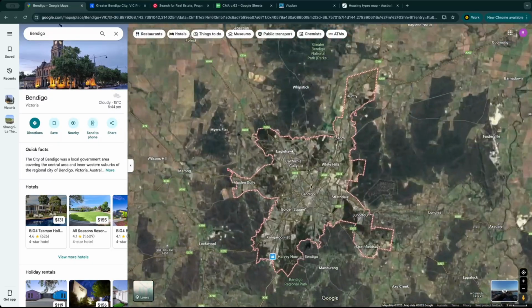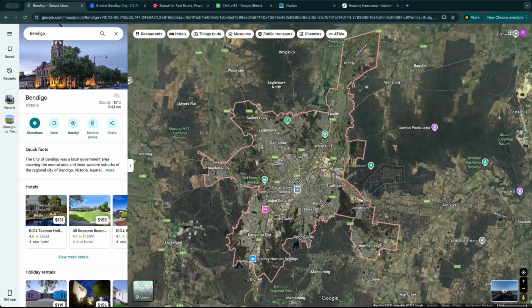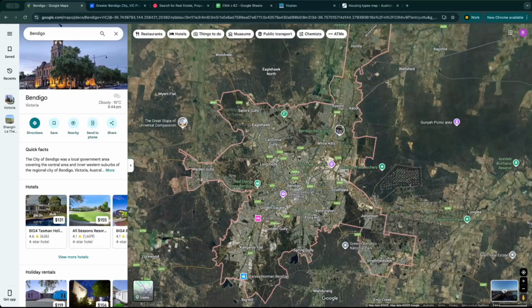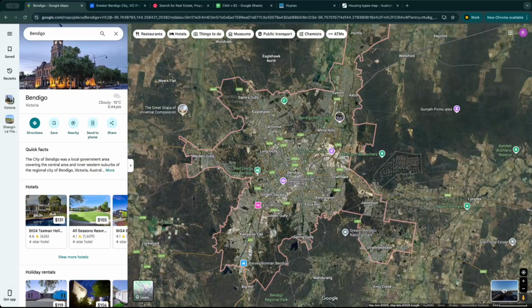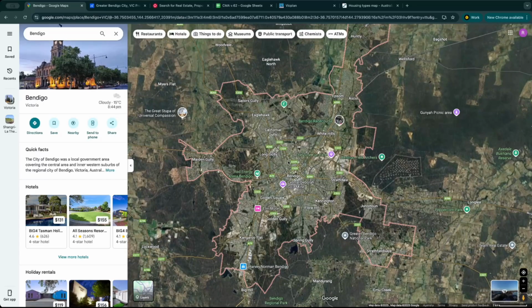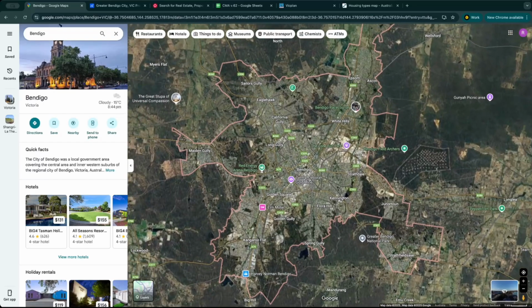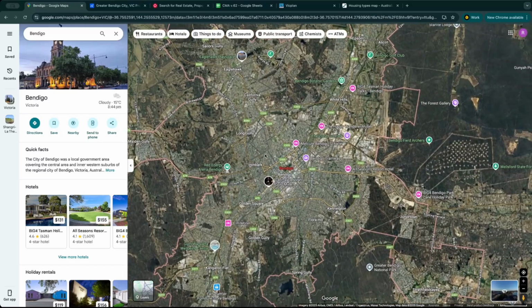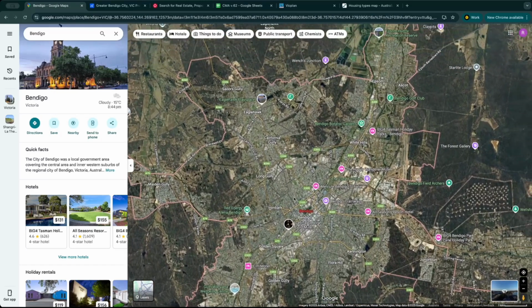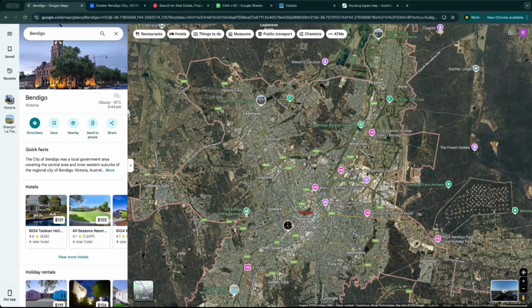But anyway, so Bendigo is a really diverse industry or economy. It's become an investor's hotspot for a really good reason. And so, we're definitely considering this in my own personal search.